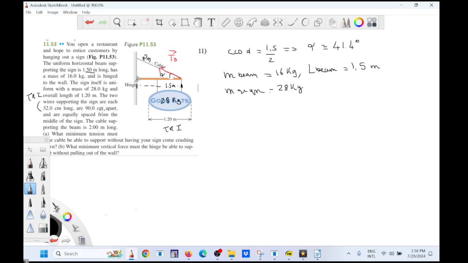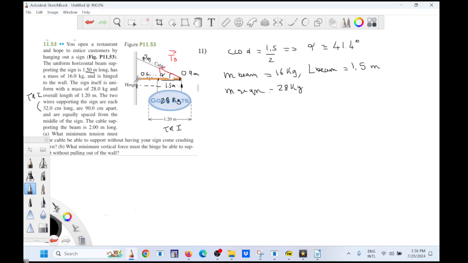This unit, so it means between here and there, that's going to be 0.9 meters. So how much is left? It's going to be 0.6. So that distance here is going to be 0.6, because 1.5 minus 0.9 is 0.6.